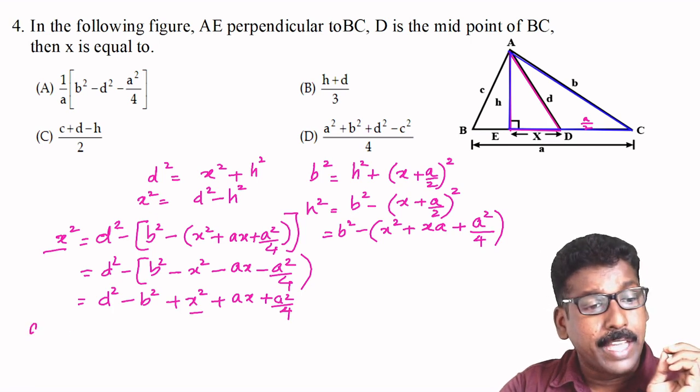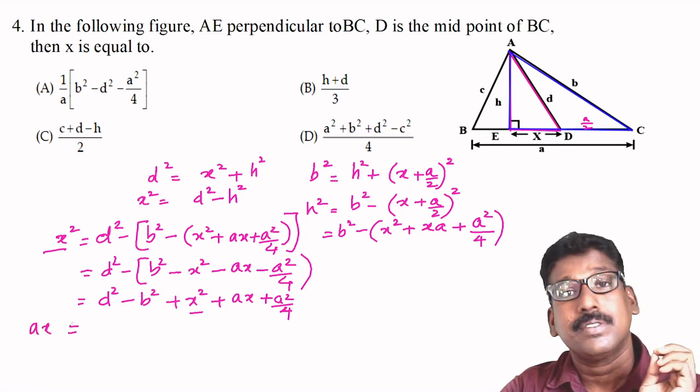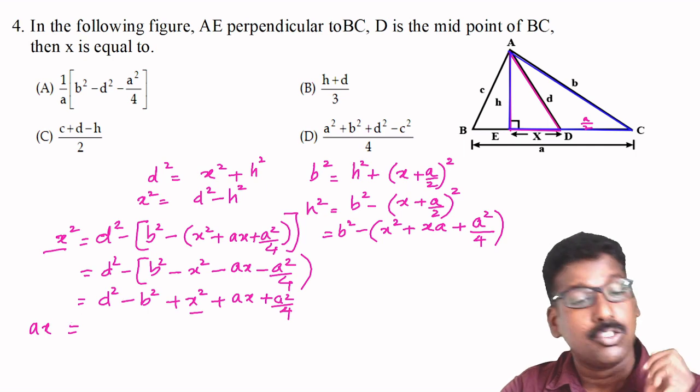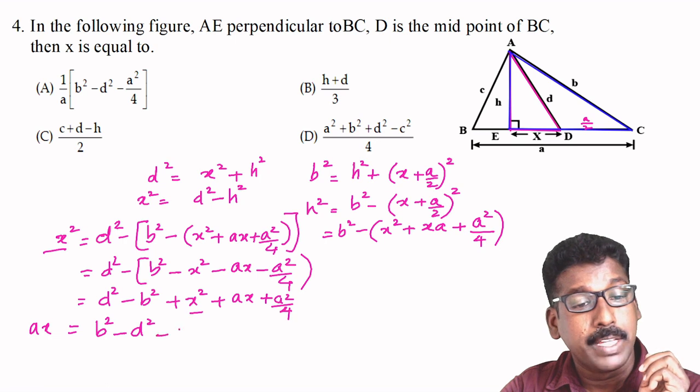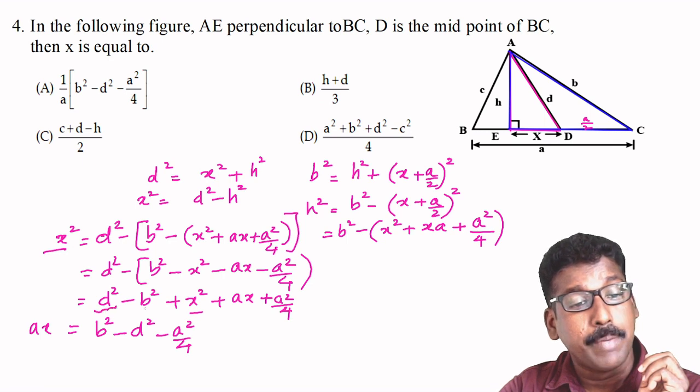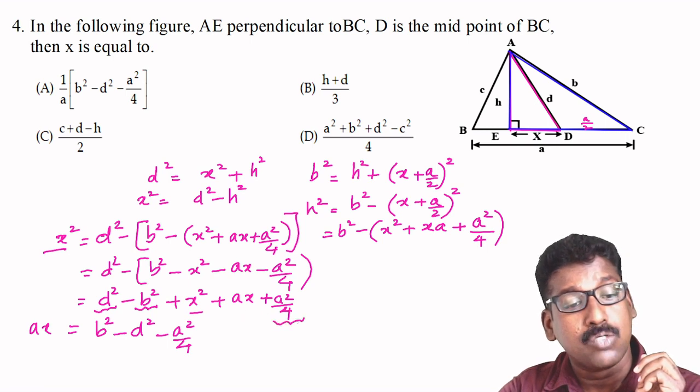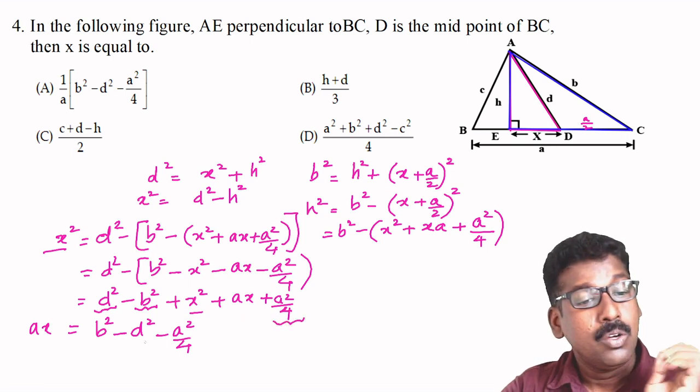Now, take ax to one side, since we want to find out the value of x. So, we transpose d square, it will be minus d square, b square to the other side it is plus b square, and a square by 4, it is minus a square by 4.